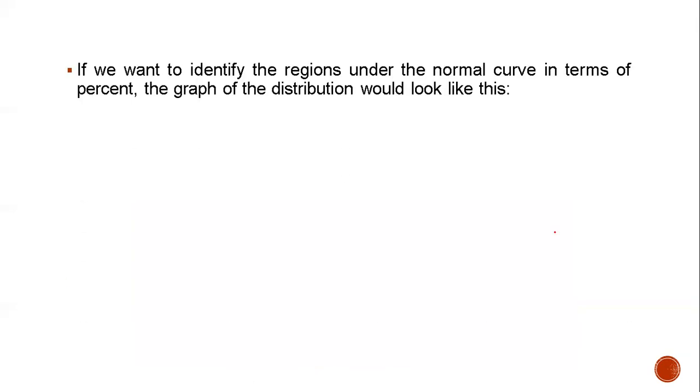Next, if we want to identify the regions under the normal curve in terms of percent, the graph of the distribution would look like this. Kung gusto natin siyang ma-represent as percentage, sabi nga natin kanina, yung normal curve ay na-represent in 3P. Ano yung tatlong P?